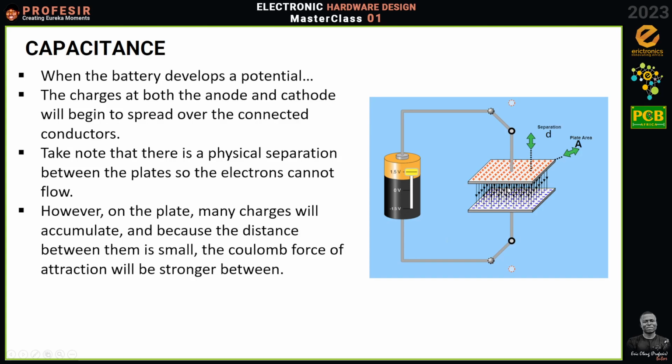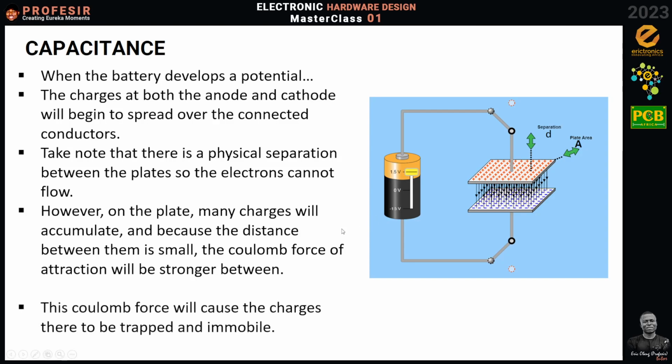Because the battery cannot allow its charges to actually move away from it, because it has to make sure it sustains that potential, the battery is going to do more work. It's going to allow more chemical reactions to occur, and by so doing, these chemical reactions are going to replenish, or replace, the charges that were lost from here.